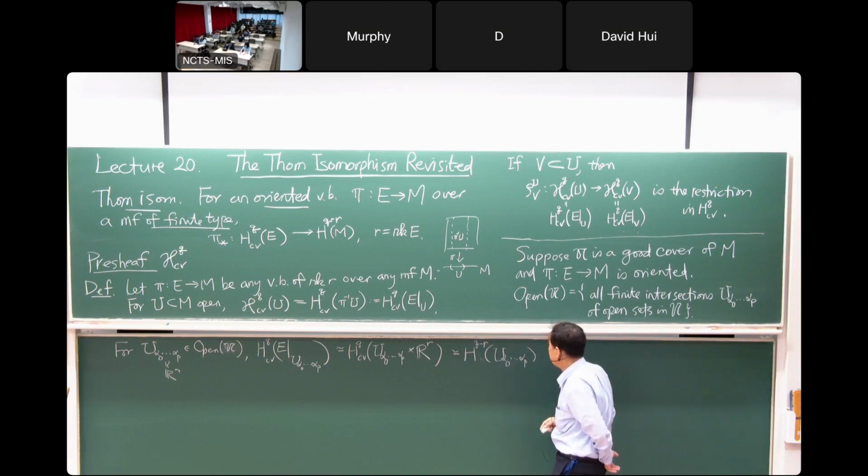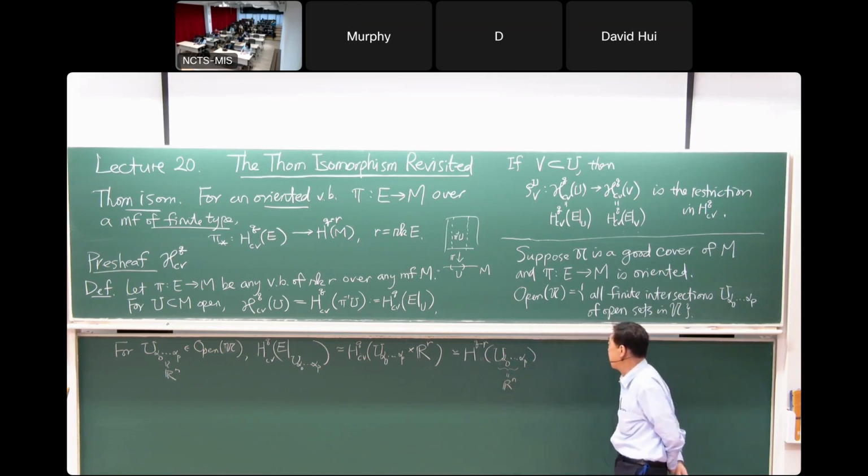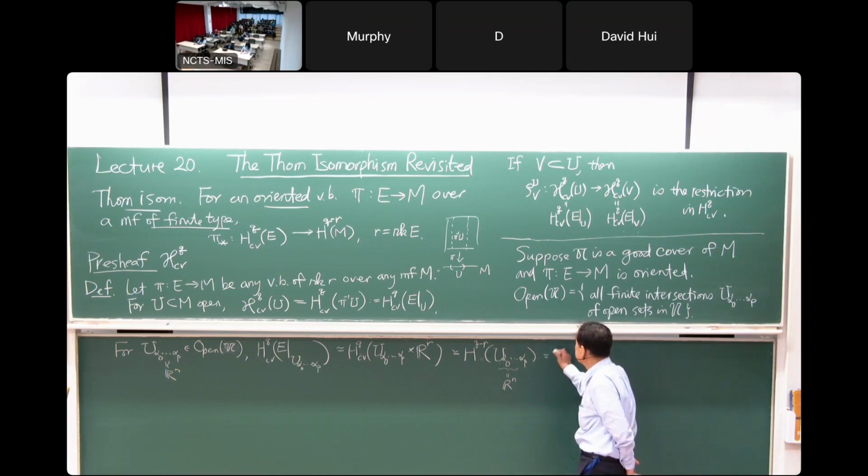Okay, so this is the cohomology of this, which is Rn, right? And the cohomology of Rn exists only in degree 0. So this is going to be when Q minus R is 0.